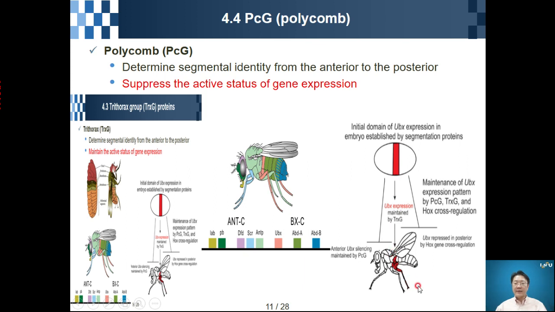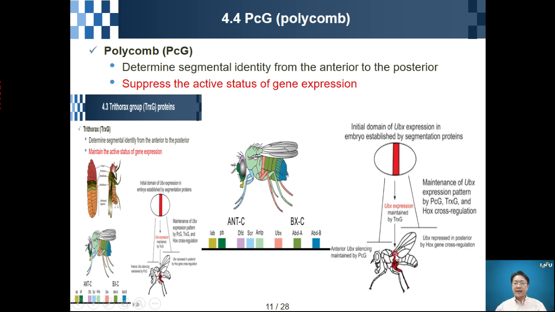In that case, TRXG maintains the active status of UBX expression. However, except for the T3 segment, in T2, T1, and the other segments, UBX expression should be suppressed.